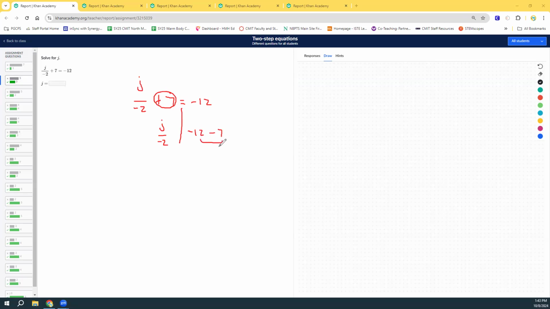That's going to combine to be negative 19. So j over negative 2 equals negative 19. And now I just multiply both sides by negative 2. Cancels there. And j equals positive 38. Just love it.